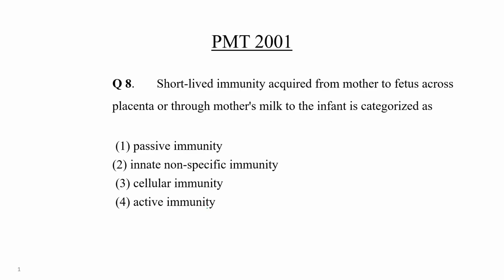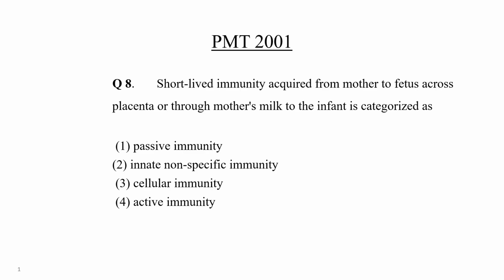Very good question, and two other questions related to this topic also came recently in the previous PPT, right? So IgA is the main antibody present in secretions, like mother's milk, and the antibody which is able to cross the placenta is IgG.